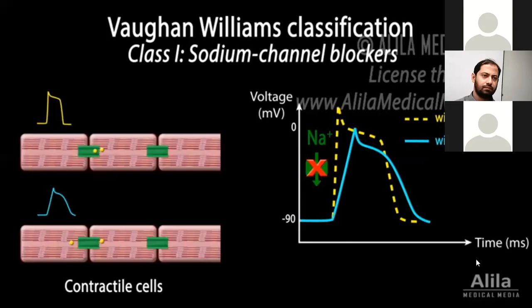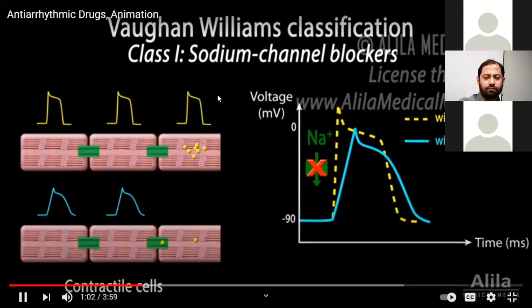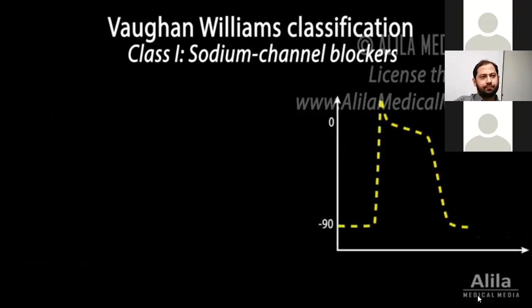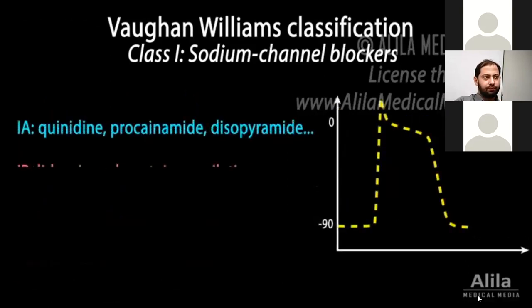The adjacent cells take longer to reach the threshold required to generate a new action potential, ultimately resulting in slower propagation of action potentials through the myocardium. This reduced conduction velocity helps to suppress formation of reentrant circuits, hence the use of these drugs for treating reentrant tachycardias.